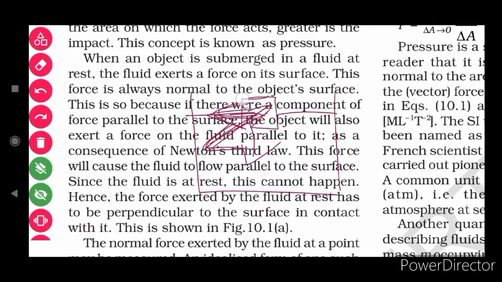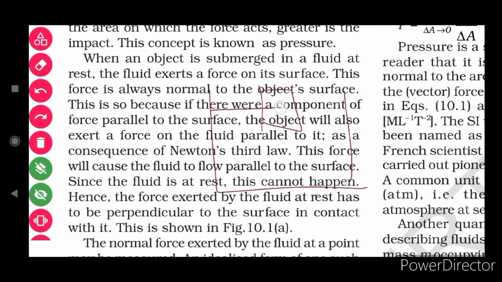Even though the object is at rest, because the liquid is exerting a force that is not normal, by reaction there will be a horizontal component of force by the object on the liquid, and that will make the water flow. But this doesn't happen. So we have to conclude that because the object is at rest on the liquid, the liquid is not flowing. That's why the pressure exerted by the fluid on the object should always be normal.